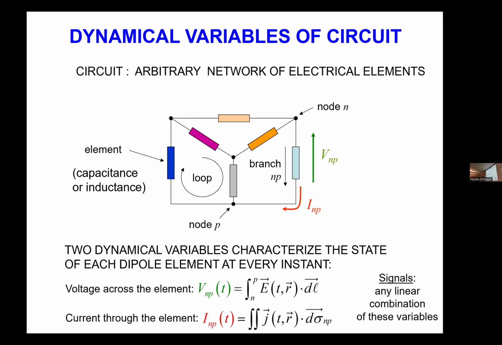Now, what do we call exactly the voltage and the current? These are integrals of local electric fields. The voltage between two nodes is the integral of the electric field along the branch. And the current through a branch is a double integral of the current density flowing through the branch.